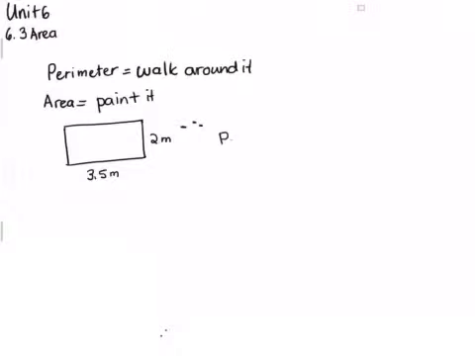If I want to find the perimeter, then I want to walk 3.5 meters plus 2 meters plus another 3.5 plus another 2.